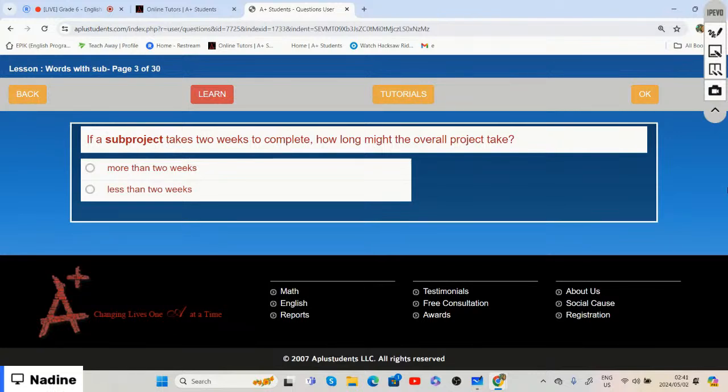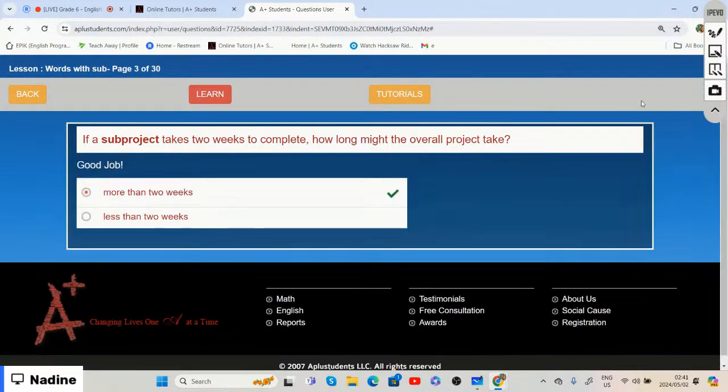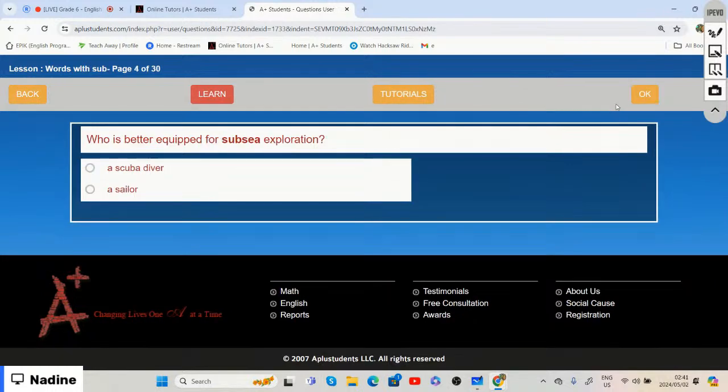All right. If a sub project takes 2 weeks to complete, then it means that an overall project will take more than 2 weeks. The sub project is just like the starting.